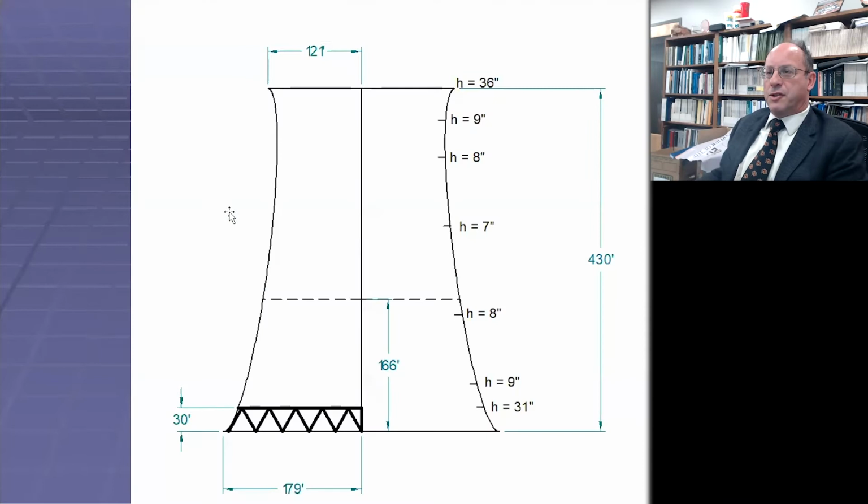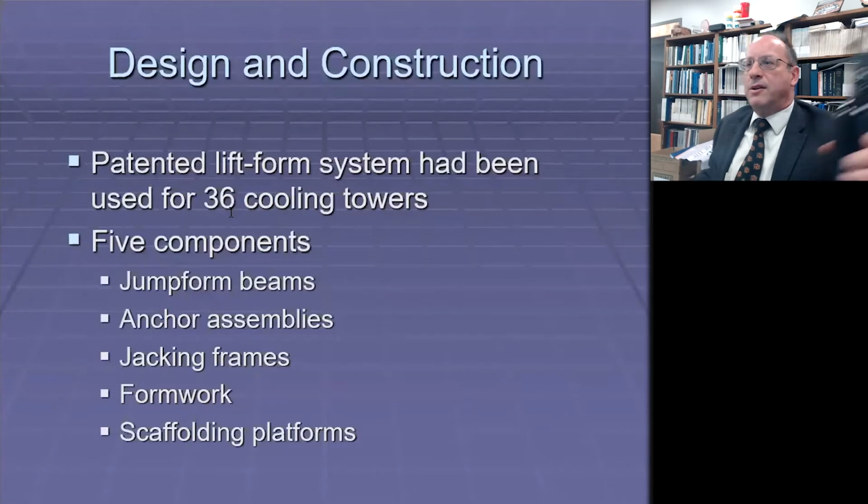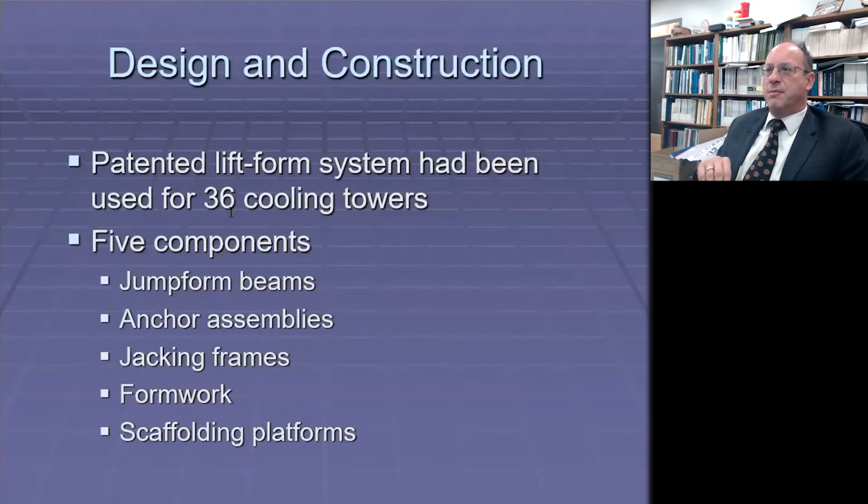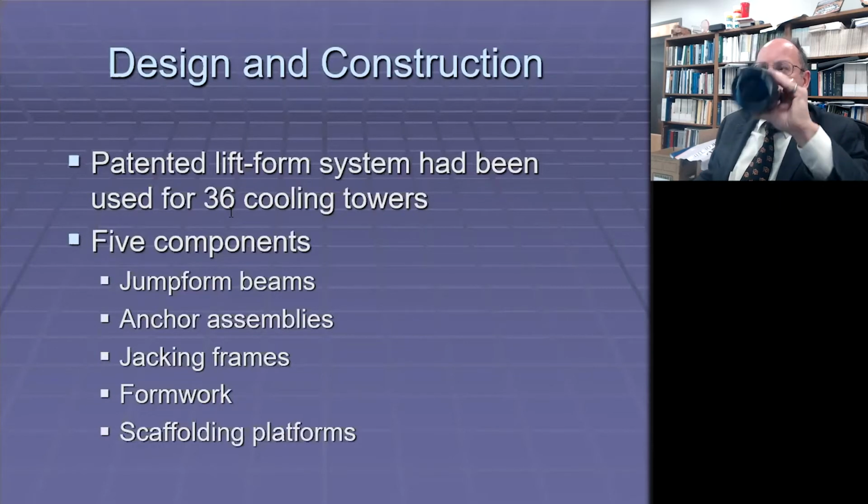And this is an illustration of the typical cooling tower in dimension, a very large structure. And it had used a patented lift form system that had been used for 36 cooling towers. It was a jump form system and kind of a sliding system, somewhat related to the first system that we saw this morning in today's first presentation.